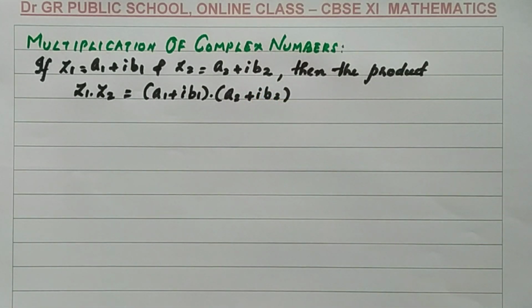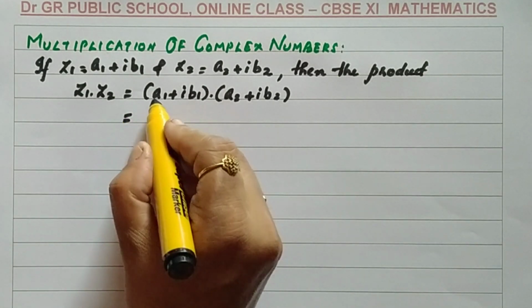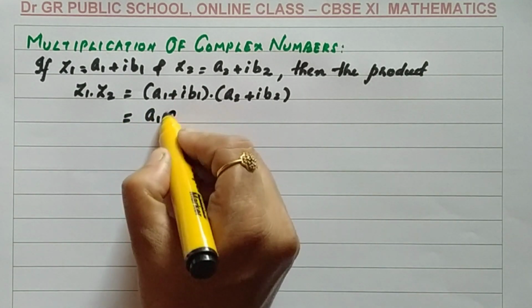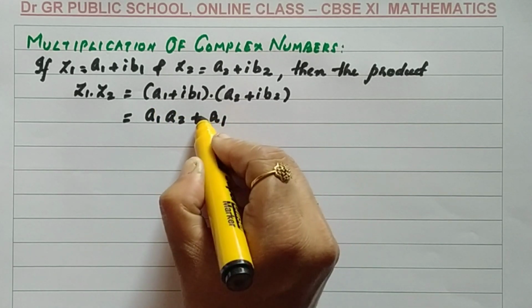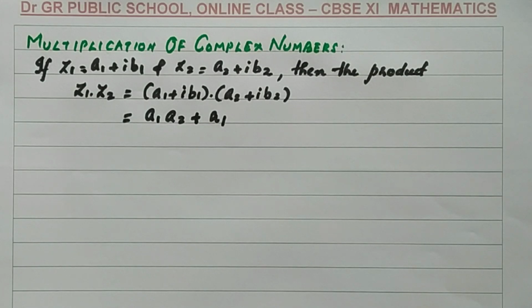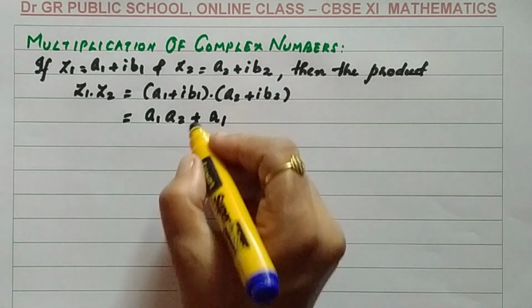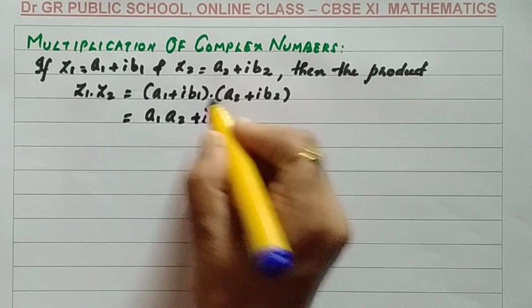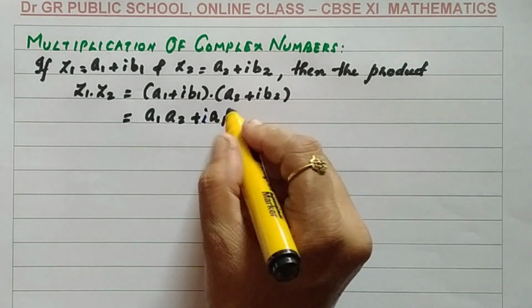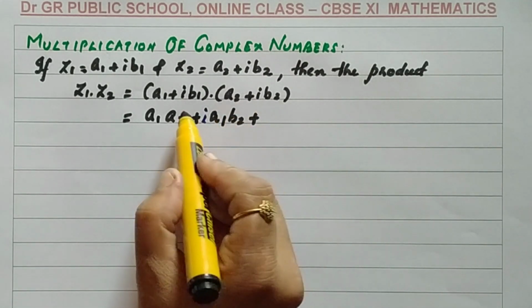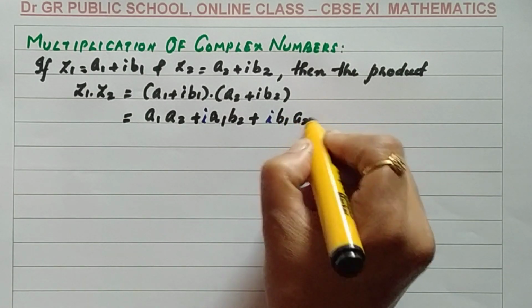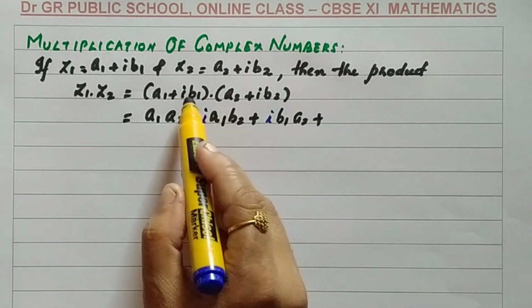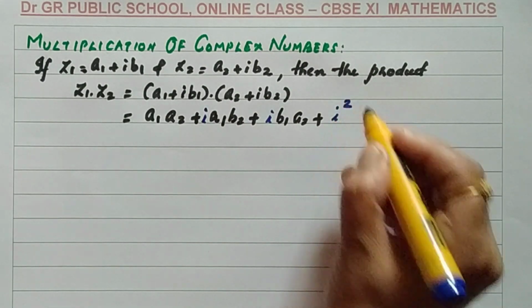Just like the multiplication of real numbers, we can multiply: a1 a2, the first one, a1 a2, plus a1 into ib2, that I am going to write first. So I can write it as i a1 b2, plus the next is i b1 a2, plus the last one is i into i, that is i square.